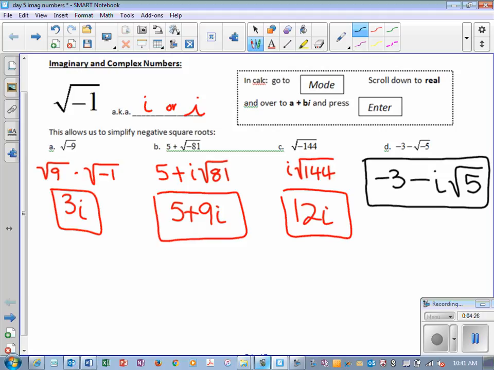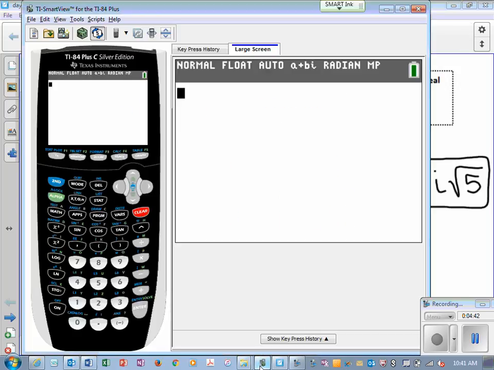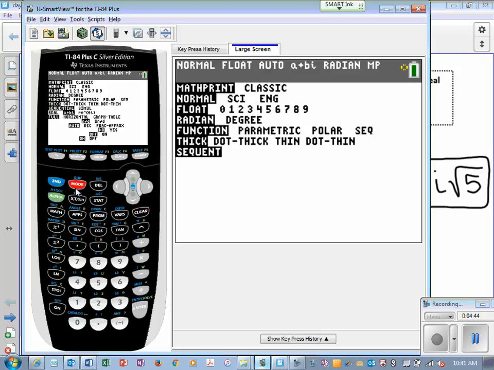Here's the thing, guys. Your calculator will actually do a lot of this for you. Your calculator will actually do i's for you. Here's what you need to do first. In your calculator, please go to Mode.